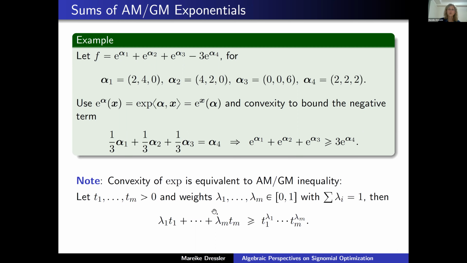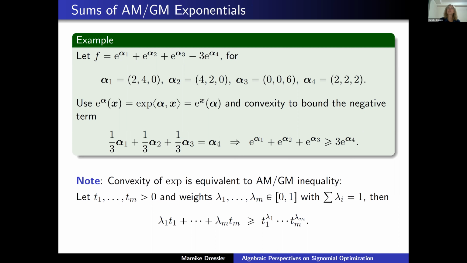Then you have this inequality, and you can apply that exactly to get this inequality here, which in turn gives you that the Signomial we initially regarded here is non-negative. That's also somewhat where this name AM-GM exponential, or H function, originally comes from.